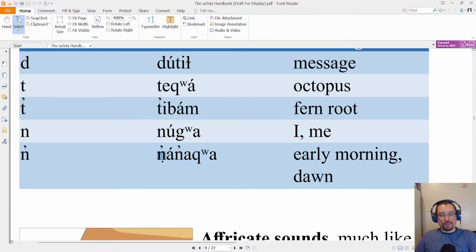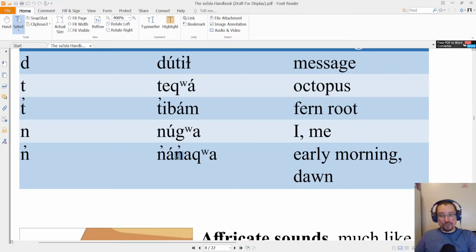You don't really hear the pause in front of this first glottalized N because we're starting the word on a pause. Every word starts from nothing, so you're essentially already starting with a glottal stop. So this N basically behaves like a regular N. There's really no difference when it's at the beginning of a word.